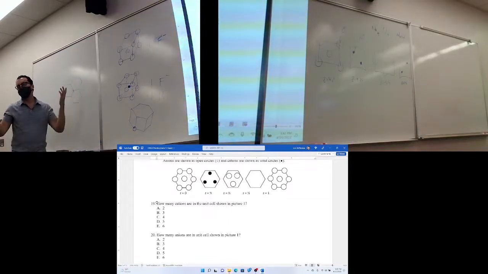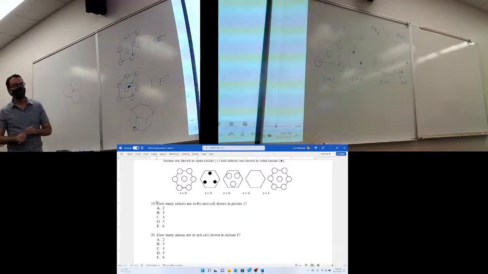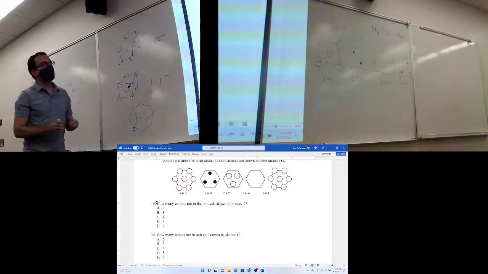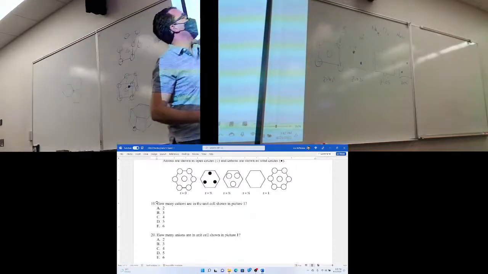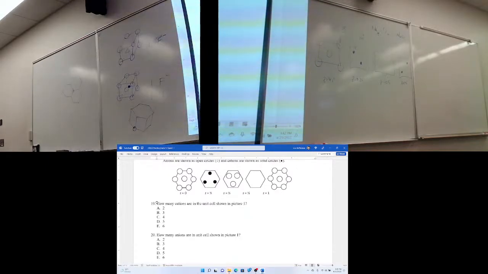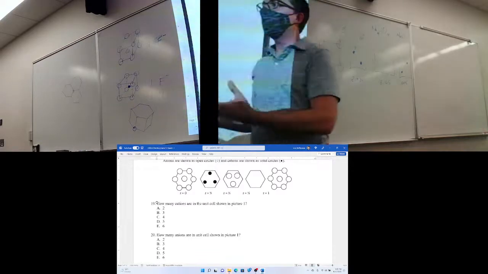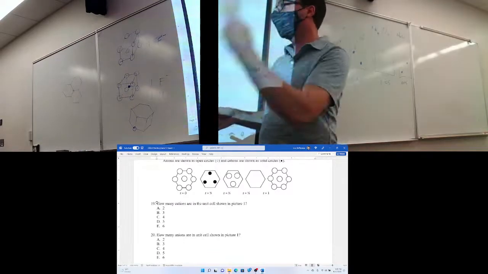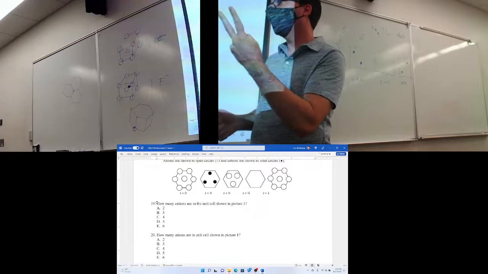So each corner, this is a corner, counts as a 6th, because it's shared with 6 unit cells. And how many corners? There's 1, 2, 3, 4, 5, 6, plus the top layer, 1, 2, 3, 4, 5, 6. There's 12 corners, and the 12 corners count as a 6th each, so the corners count as 2 in this case. 12 times a 6th is 2.